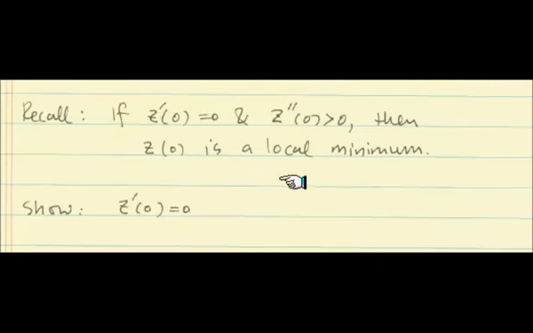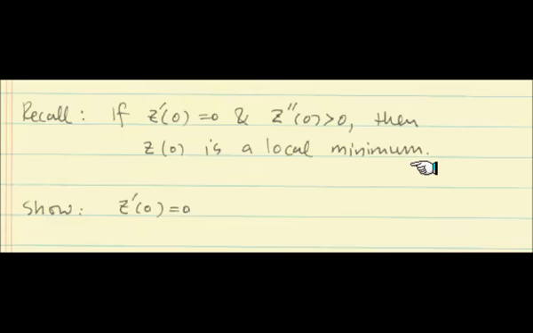I realized I need to clarify and add this part to our slide, so I wrote extra things. Recall the one variable situation. Z is now a function of t, one variable, and we want to establish that z(0), what's happening over the point (a, b) along that direction (alpha, beta), is a local minimum.